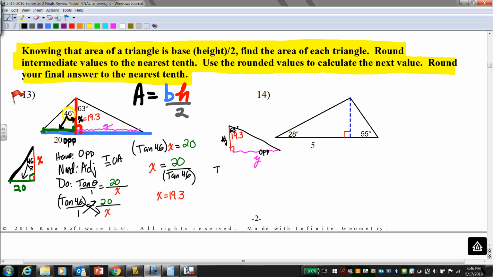So we're going to do tangent of theta over 1 equals opposite over adjacent. Tangent of 63 degrees equals opposite, which we don't know, I'm going to call that y, over adjacent, which in this case is 19.3. Cross multiply.